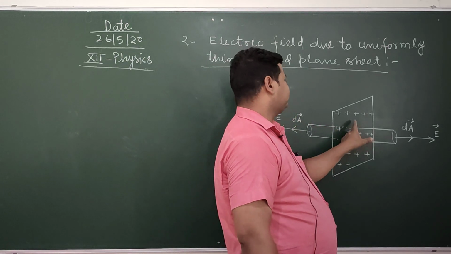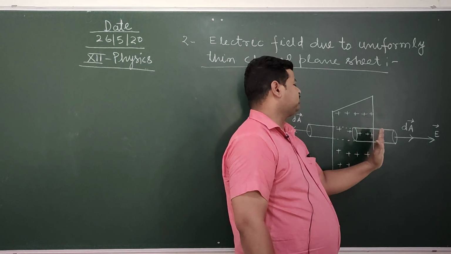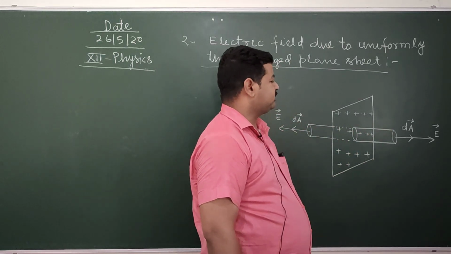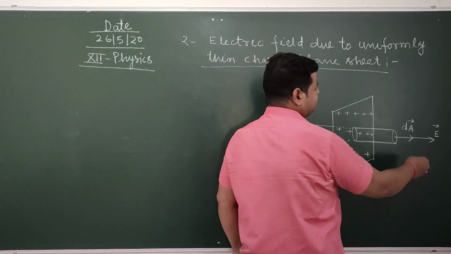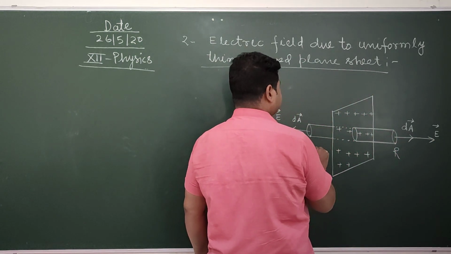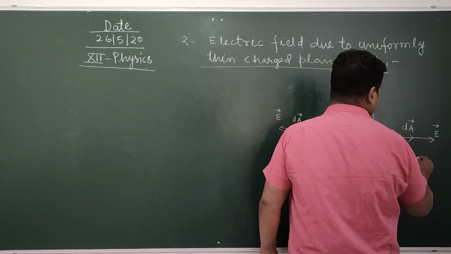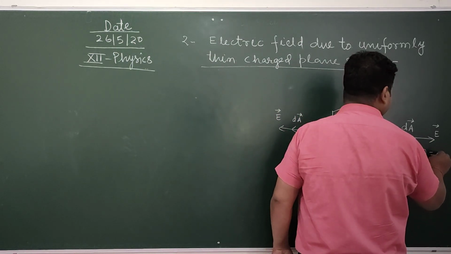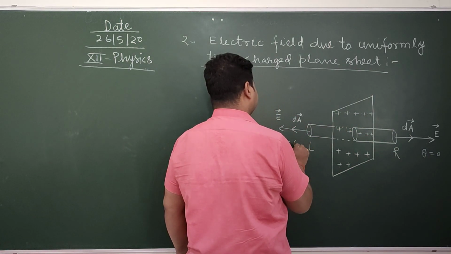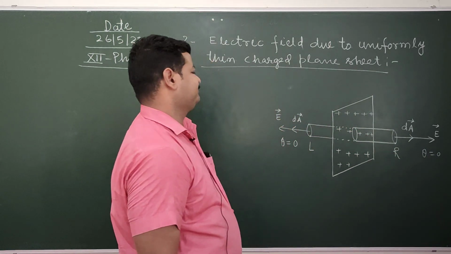Because the size of the surface element taken on both sides, right and left, is the same, the area vector is also the same. Here the angle between electric field and area vector is 0, on both sides.